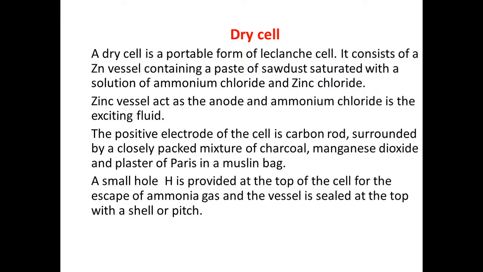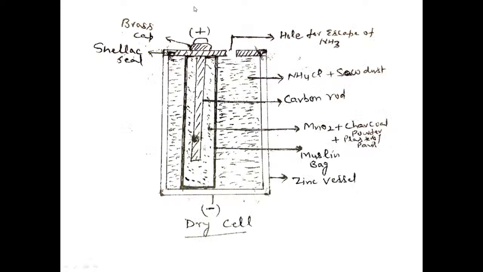A small hole H is provided at the top of the cell for the escape of ammonia gas, and the vessel is sealed at the top with shellac or pitch. This is your dry cell.